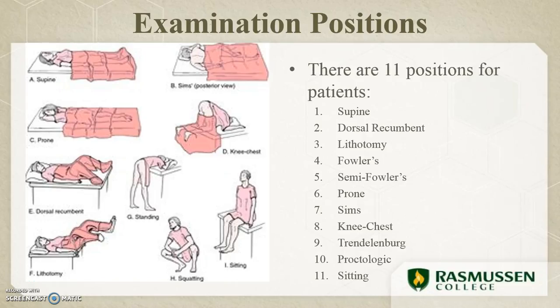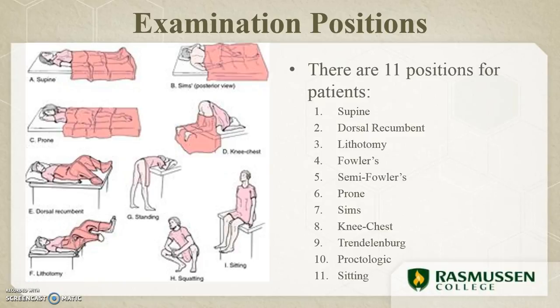Next, we have positioning and draping the patient. It's important that we keep the patient's dignity and pride in mind when we're draping them to be seen for the physical examination. Draping the patient is done by using a sheet to keep the patient warm, but also keep them covered except for the body part that is being examined. Positioning the patient helps the physician with the examination.